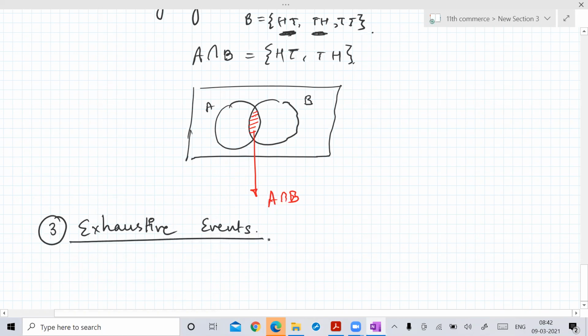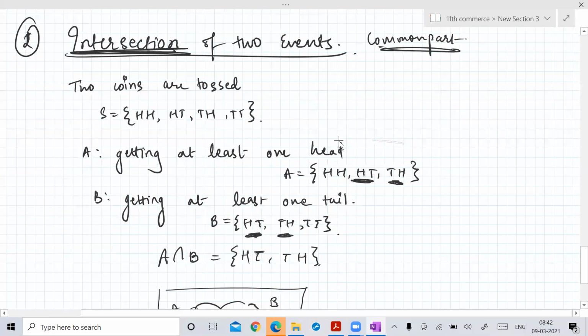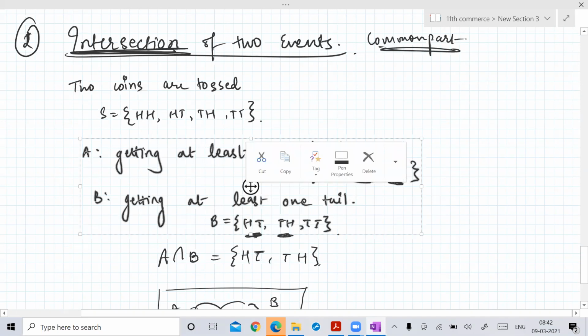What are exhaustive events? Third one. Look at it now. Let's consider these two things only. Here is your answer.